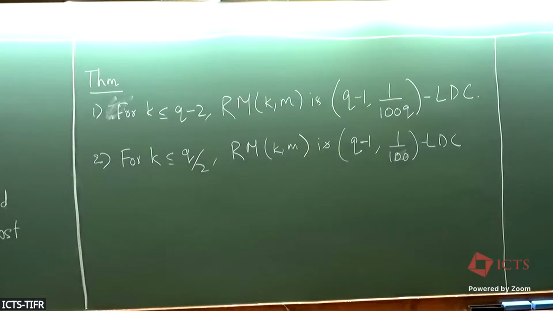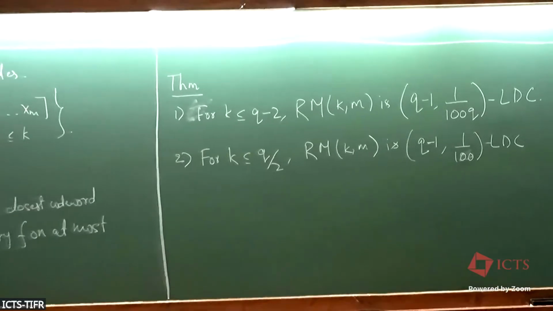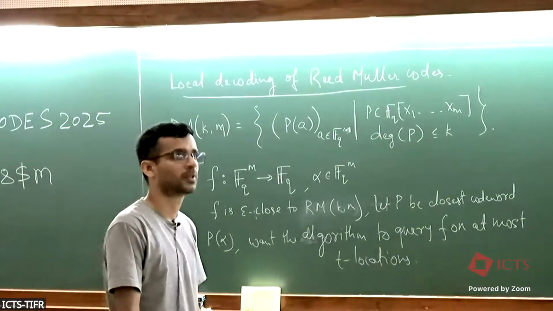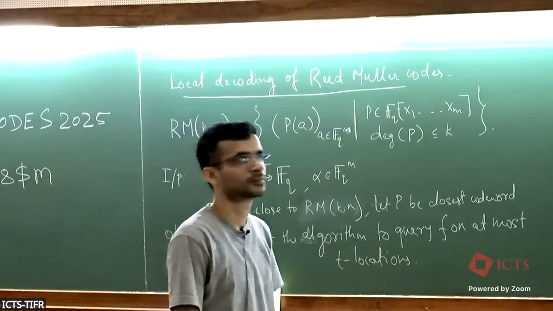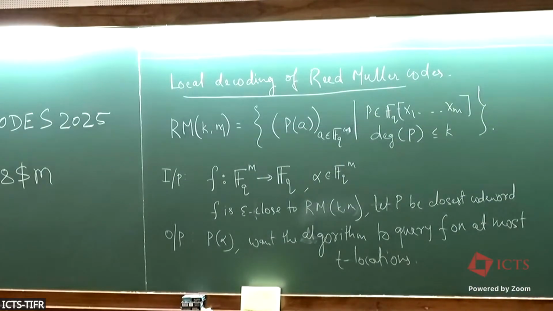No, the second is the distance. So we are saying the received word is epsilon close: the Hamming distance between f and the code is at most epsilon n. And what is that epsilon? In the first one, epsilon is 1 over 100q. In the second one, epsilon is 1 over 100. It's in the definition of the code.